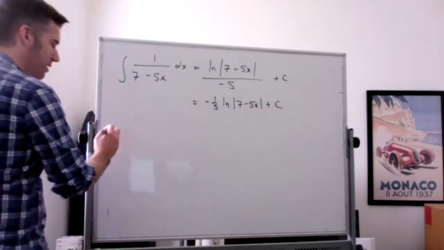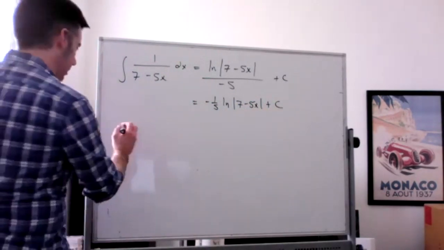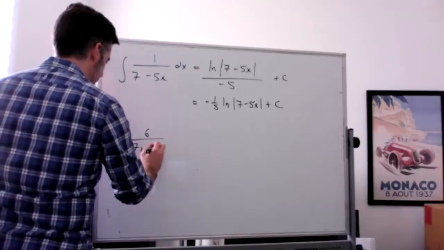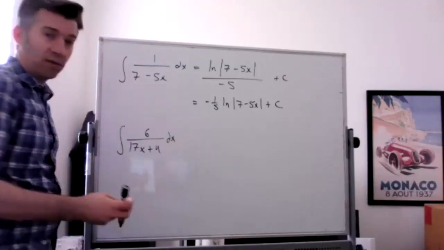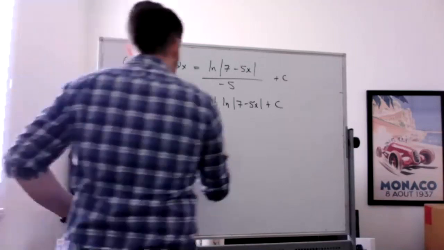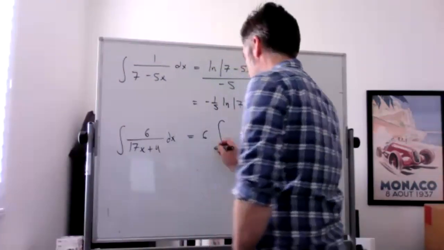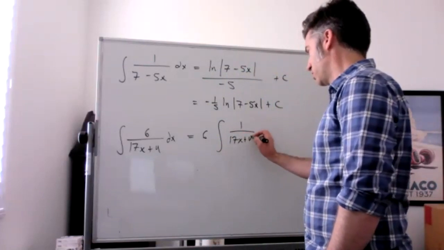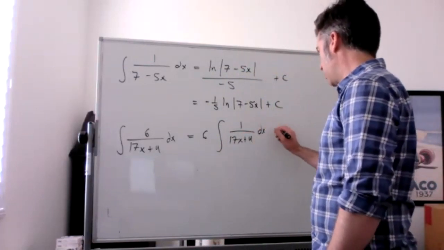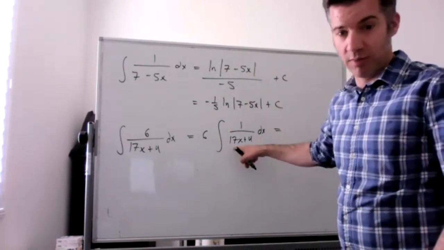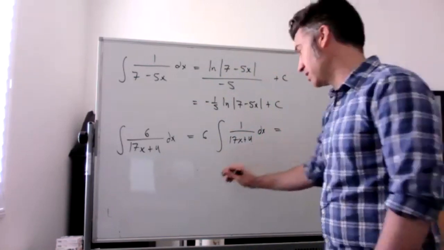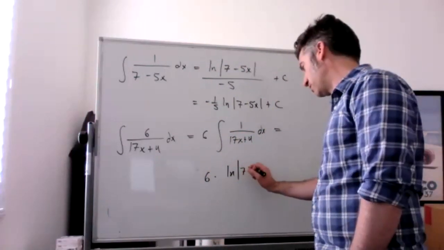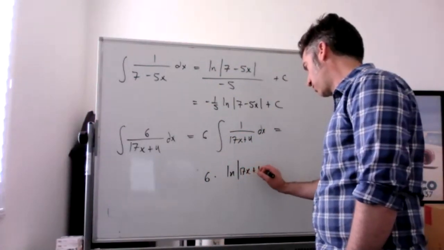Or we could do, and this is going to get old fast, say, the integral of 6 over 17x plus 4. Well, we can bring the 6 out in front and say that's 6 times the integral of 1 over 17x plus 4 dx. And then we know that the integral of 1 over ax plus b is the natural log of the absolute value of 17x plus 4.